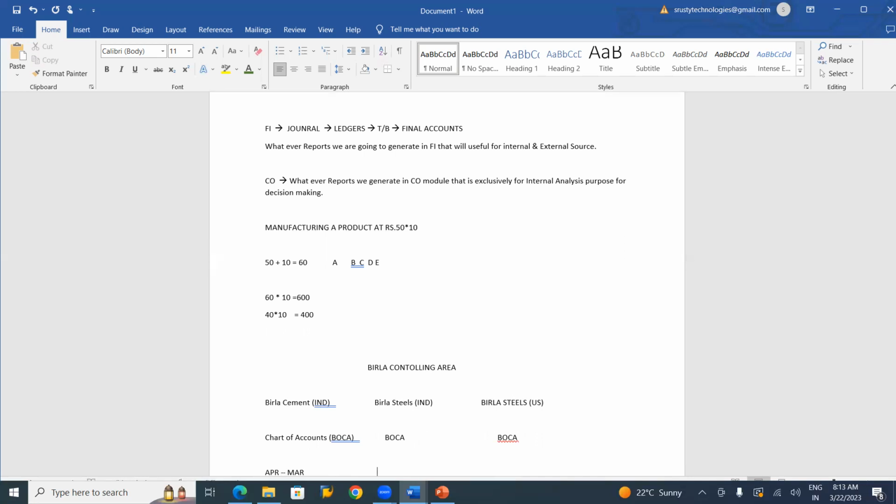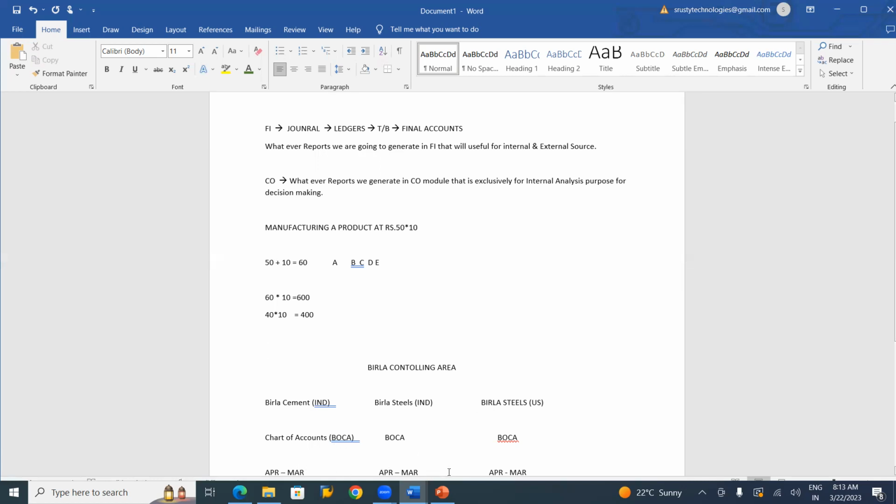So for a 1:n methodology, all the member company codes need to use the same chart of accounts and the same fiscal year.